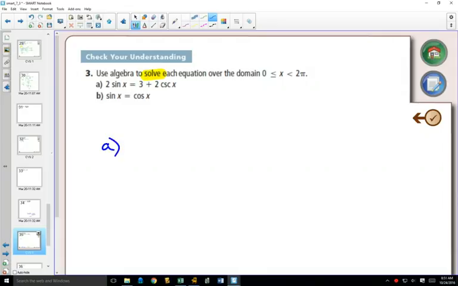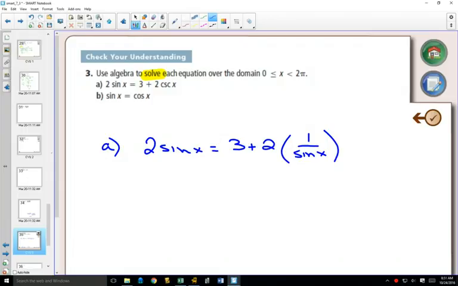Is there a way to write that equation so that you were only using one trig function instead of 2? Yes. What could you change? You could change the cosecant to 1 over sine.